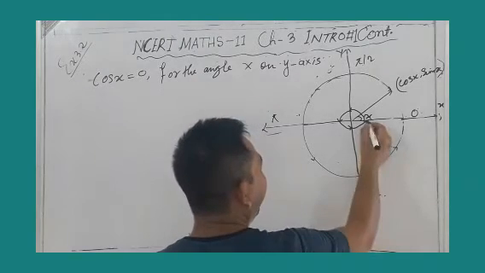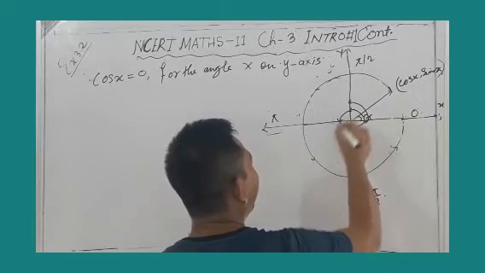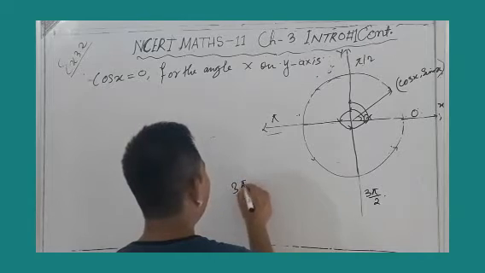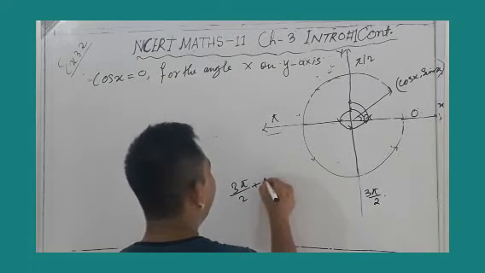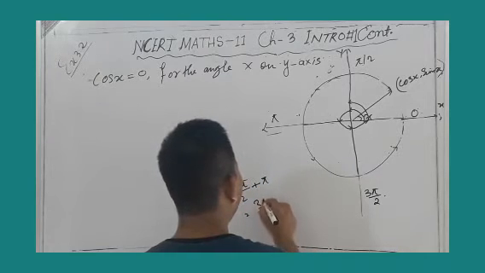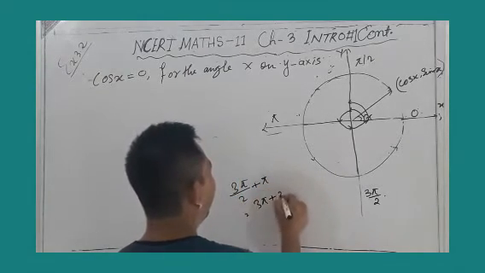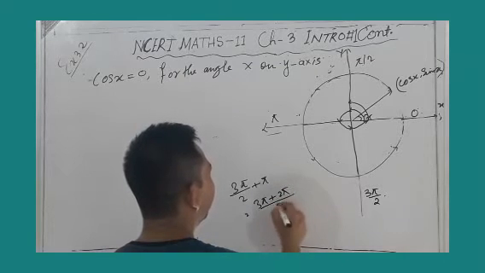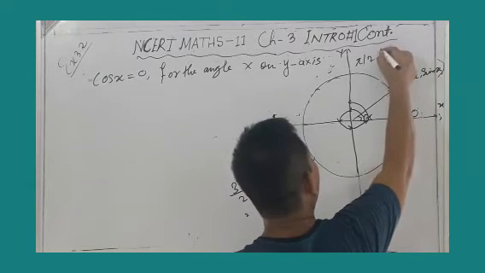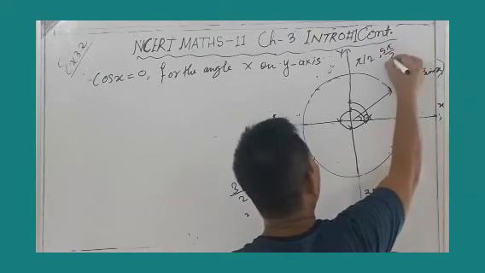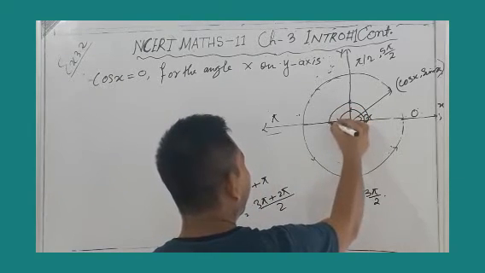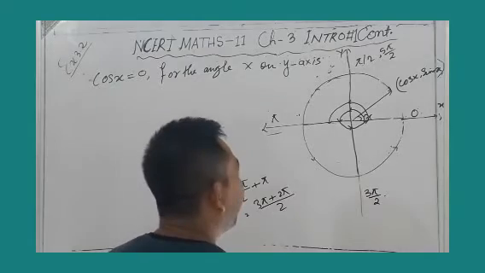Again here we have 3 pi by 2. Again pi will be added. Then it will be 3 pi plus 2 pi divided by 2, so we get 5 pi by 2. Now it is 5 pi by 2.